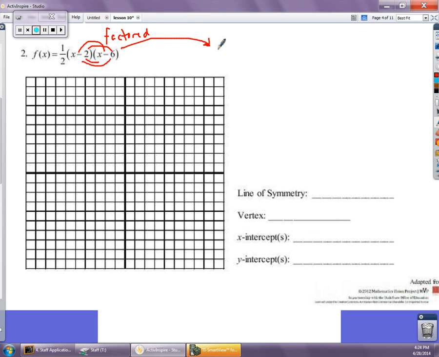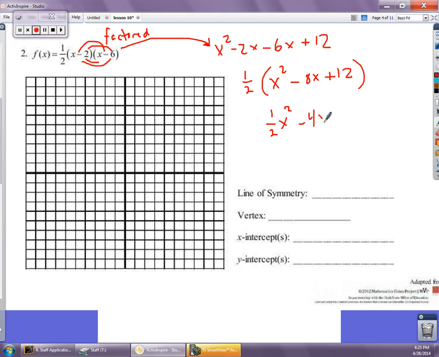That becomes x squared minus 2x minus 6x, and then positive 12. So this combines to be x squared minus 8x plus 12. Then you remember you have the 1/2 in the front, so you have to distribute the 1/2, and eventually you get 1/2 x squared minus 4x plus 6. And this equation is now in standard form.